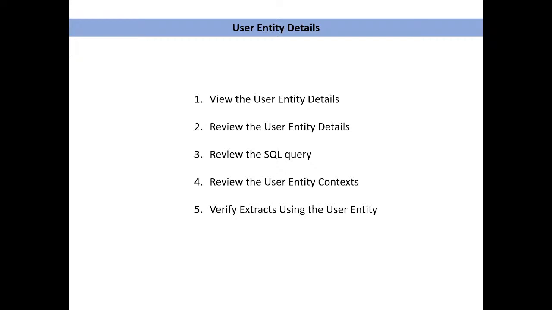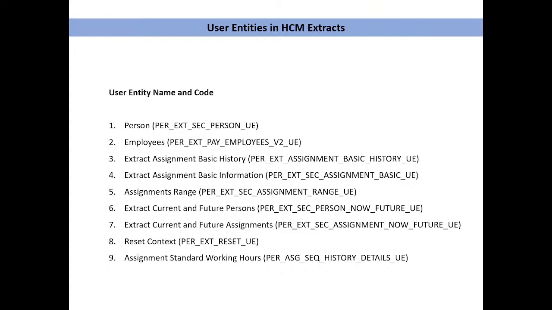And we also talked about the user entity details. I have explained how we can view the user entity detail, review the SQL query and the user entity context, and verify the extract using the user entity.